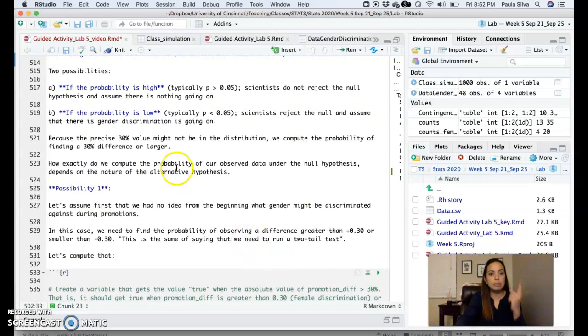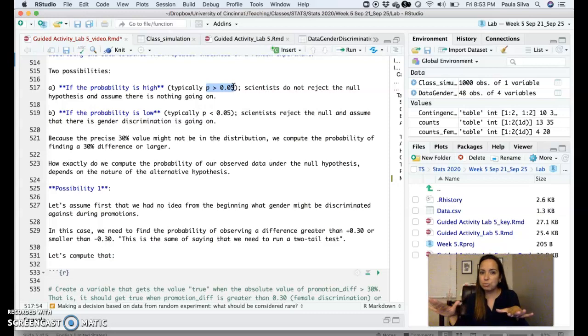Two possibilities. If the probability is high, and high in the field of statistics is something that's more than 5%. Oh, but 5% is so low. Yeah, but that's the idea of you're innocent until proven guilty beyond reasonable doubt. So we want to be conservative here. Anything above 5%, we say it's kind of plausible, the probability is high, so you don't reject the null. That's where the 0.05 comes from. It's the likelihood of observing your data under random conditions, right?